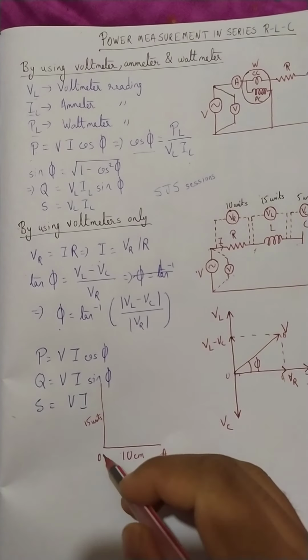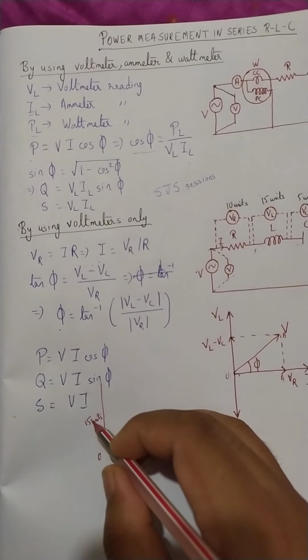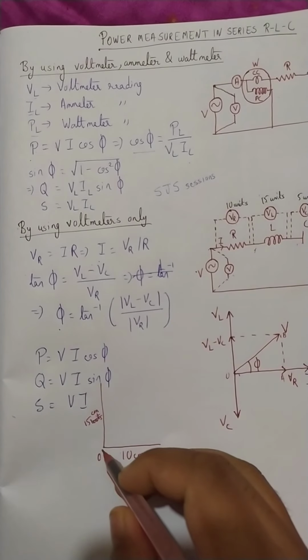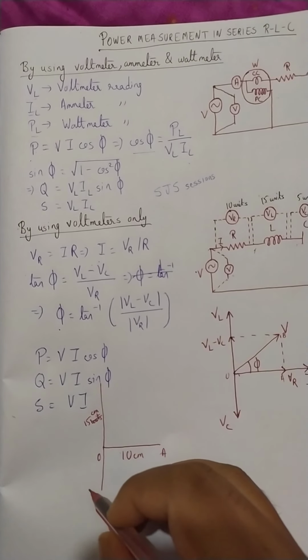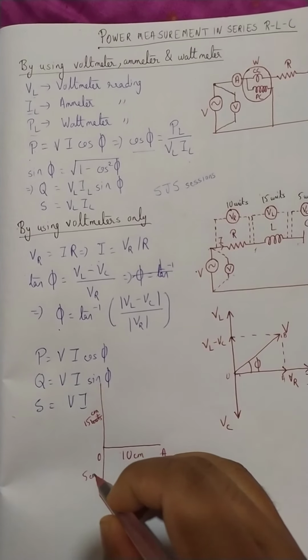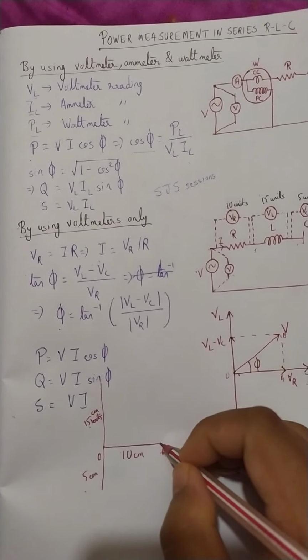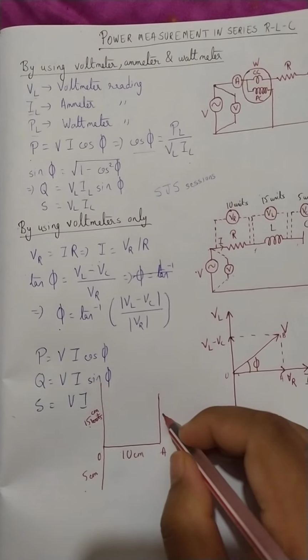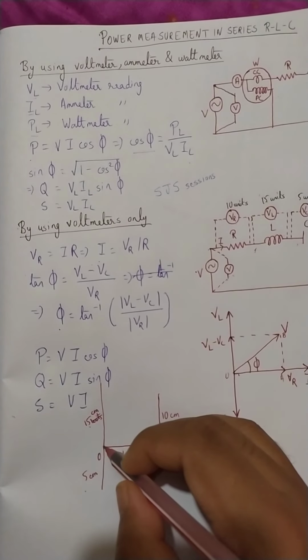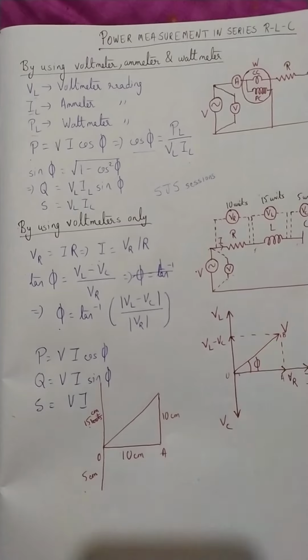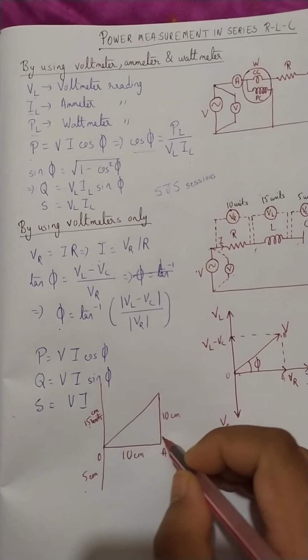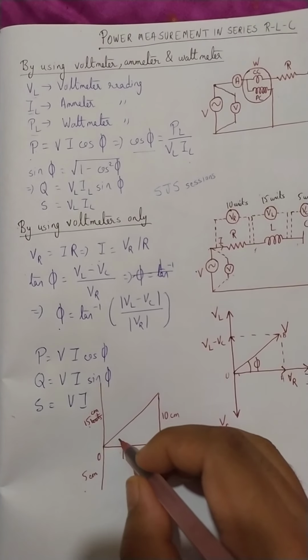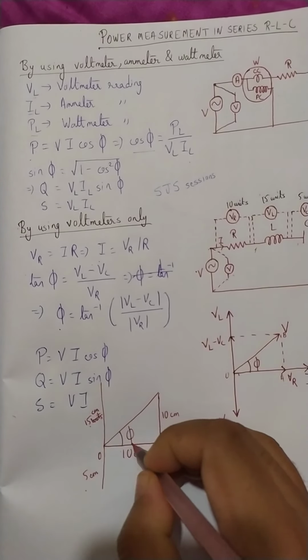And VC is 5 units, so it would be in the lower direction, 5 centimeter. Now the difference should be 15 minus 5, that is 10. So at this point we draw a line of length 10 centimeter and straight away join this. So this length is known, this length is known, and automatically we can find out this phi.